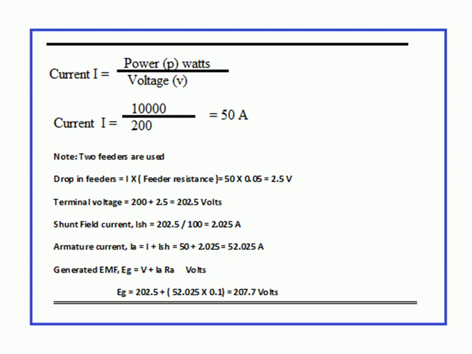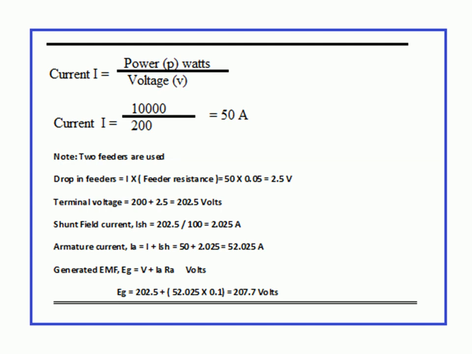Therefore, drop in feeder equals feeder resistance into 2 feeders. So, we are going to get around 2.5 volts. Terminal voltage equals 200 plus 2.5. This feeder voltage drop you can also add.